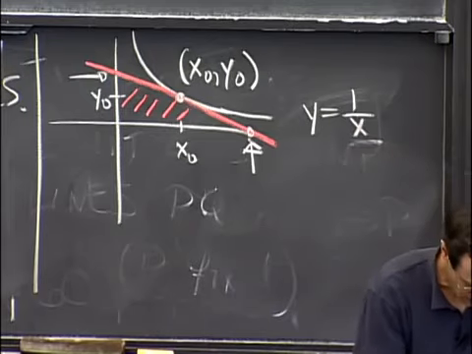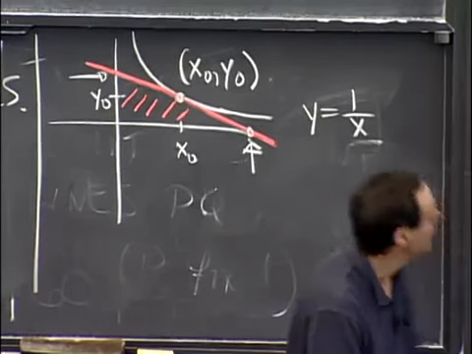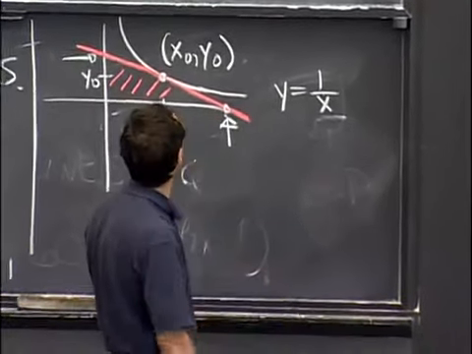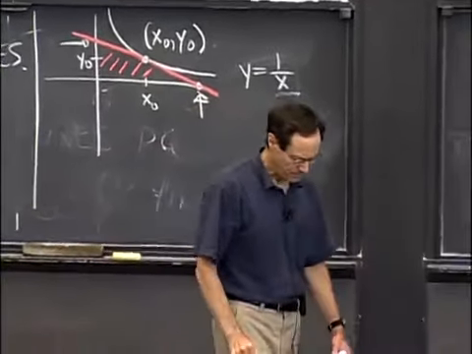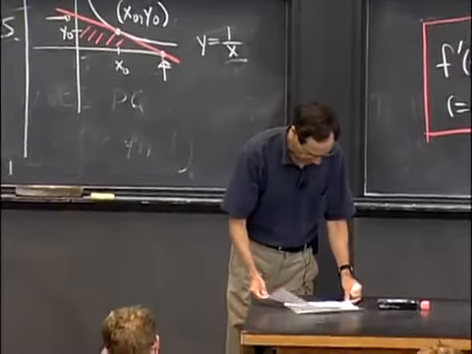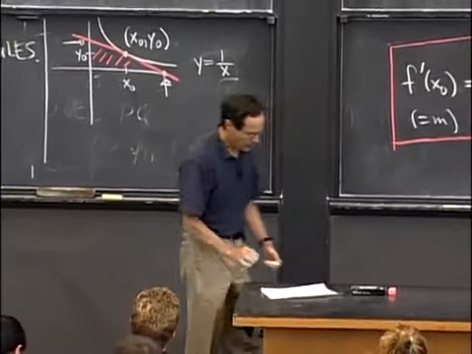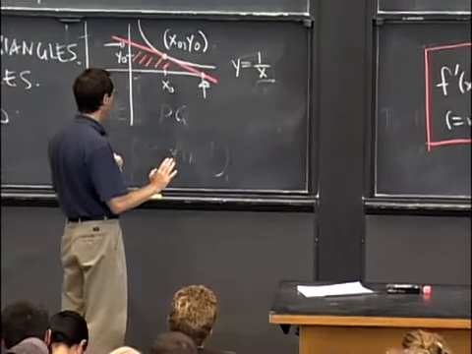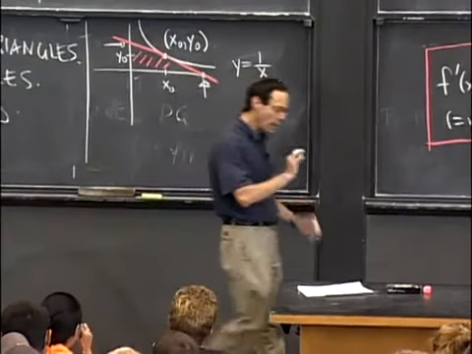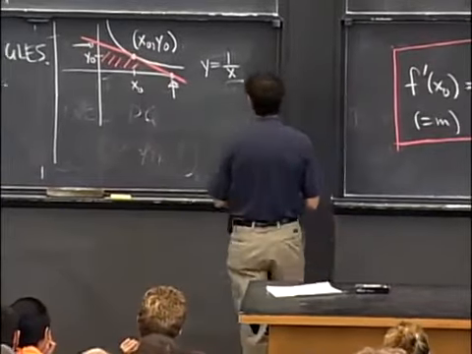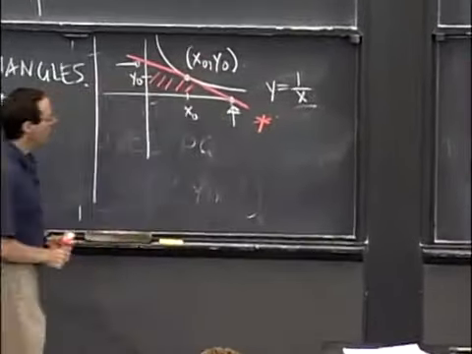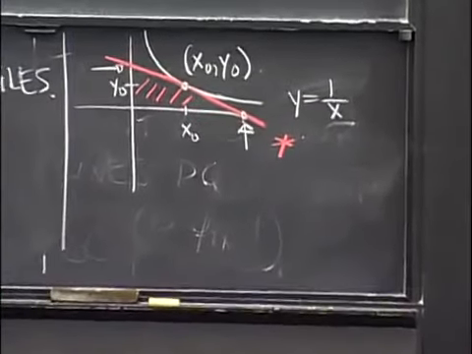So how are we going to do this? Well, let's just take a look. So what is it that we need to do? I claim that there's only one calculus step, and I'm going to put a star here for this tangent line. I have to understand what the tangent line is.